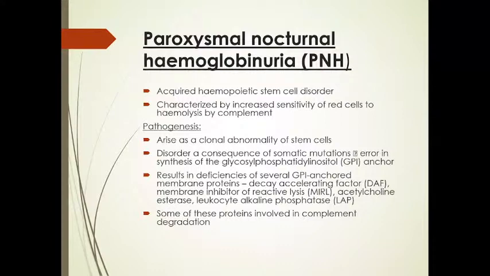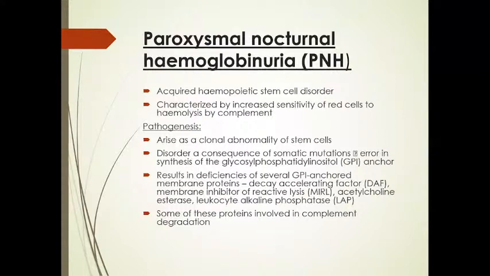But in this case, we have a clone that has increased sensitivity to hemolysis by complement. What happens is there is this anchor that's usually on the cell, the glycosyl phosphatidylinositol anchor, the GPI anchor. Because there's been an error in synthesis of it, we get deficiency of any of the proteins that are anchored by this GPI.